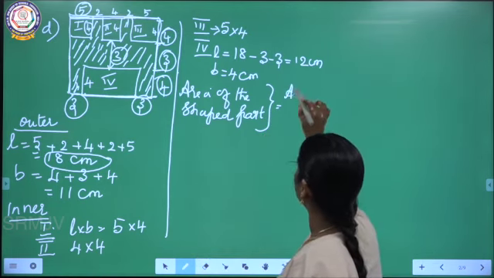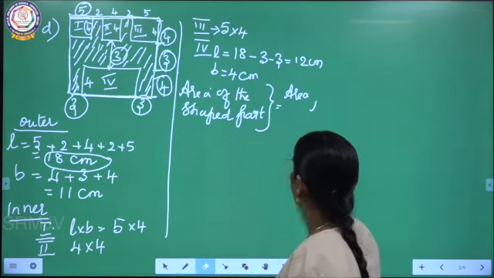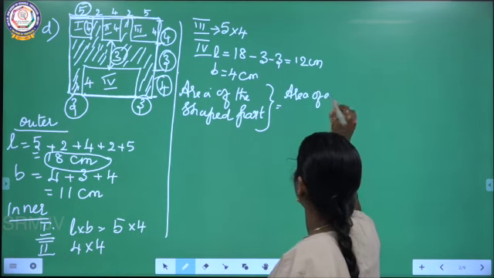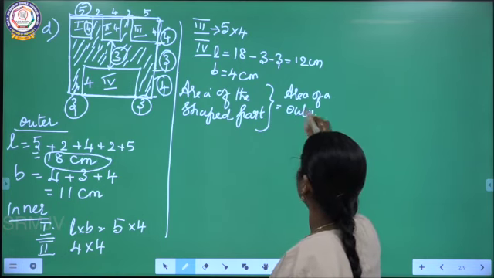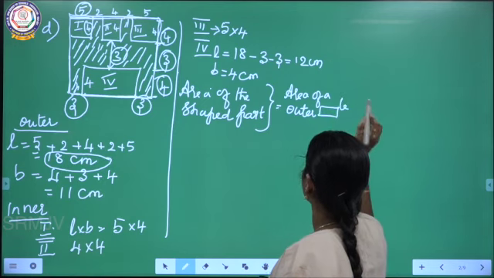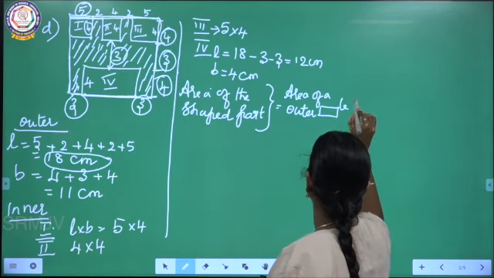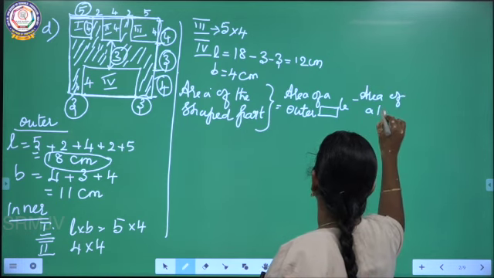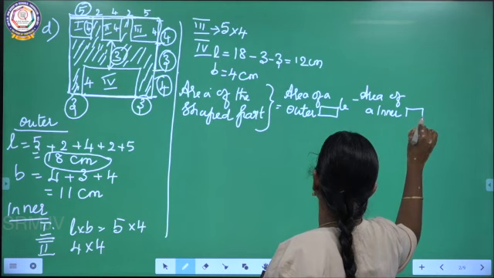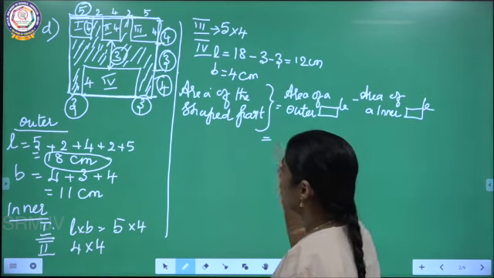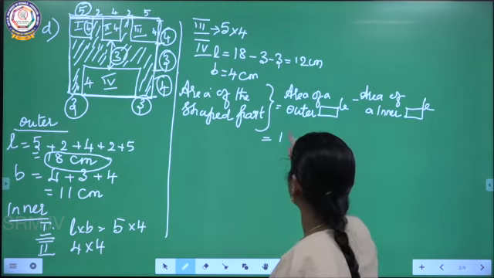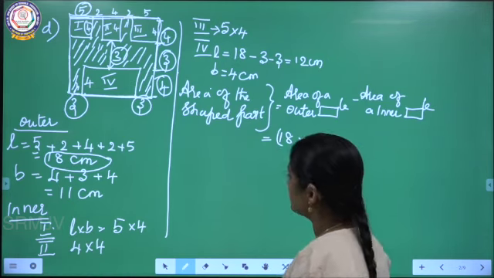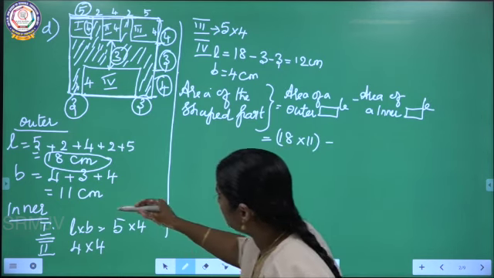So, area of a outer rectangle minus area of a inner rectangle. See, what is the area of outer rectangle? 8 into 11 minus, what is the length and breadth?